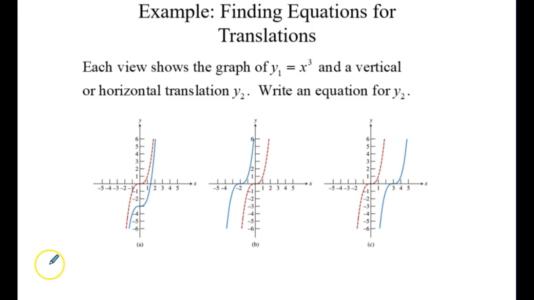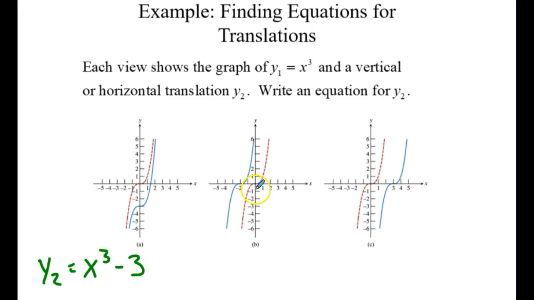In part A, y sub 2 is going to be equal to, if we started with the red graph, y equals x cubed, all we did was translate down 3 units. So we have our basic function, y equals x cubed, and we subtract 3 at the end to indicate that we moved down 3 units.